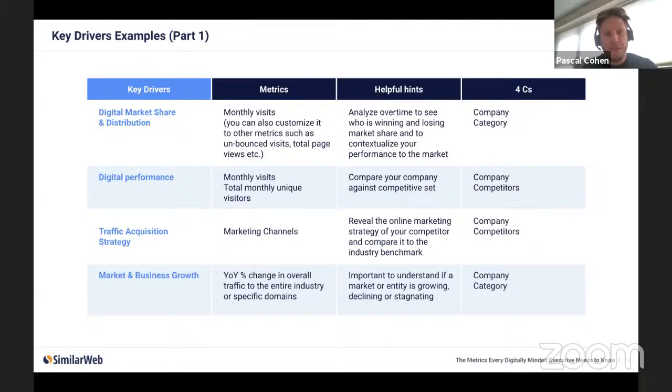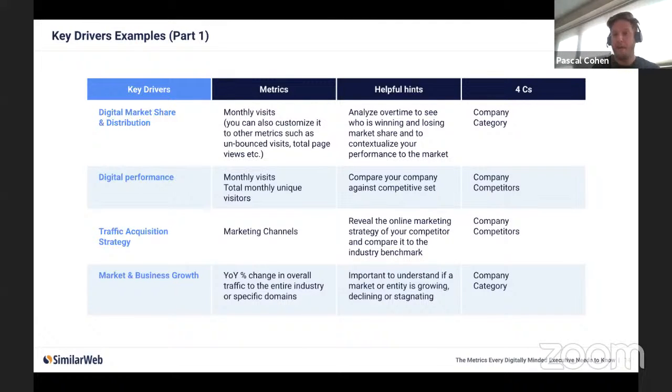The next one is digital performance. Digital performance is a very broad term in this regard, but the metrics we suggest here can be monthly visits, total monthly unique visitors, or pages per visit. Digital performance is really important to understand the quality of traffic landing on your website.